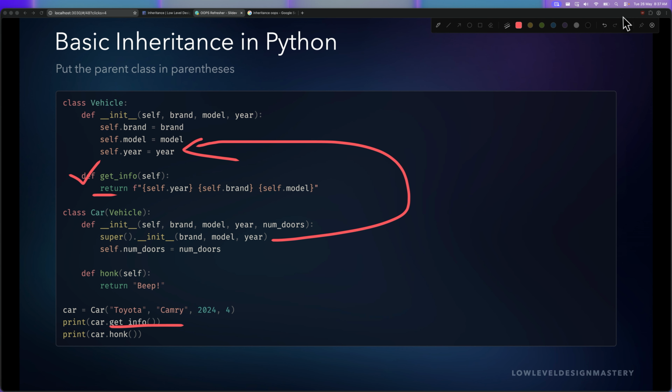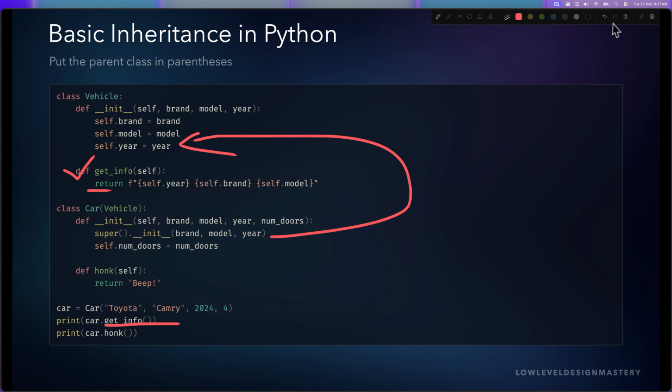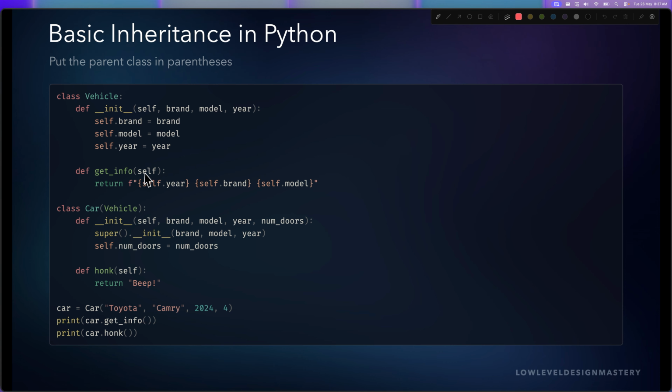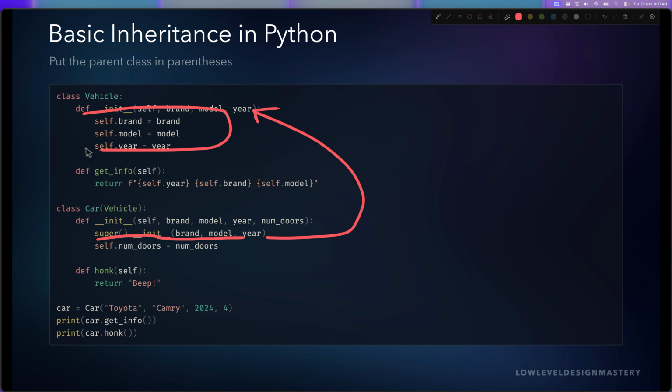How are you able to call the parent behavior, that is getInfo? Because we are already calling the constructor of the parent class here. Whenever you call super().__init__, it calls the constructor of the parent class, and then you can use the functionality or methods that are defined on the parent class.